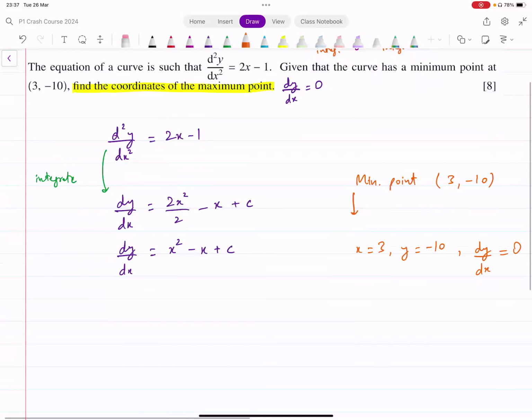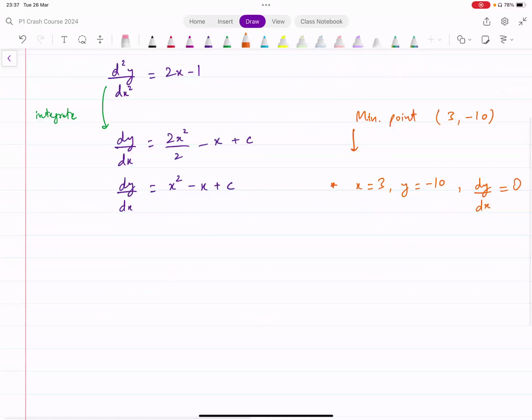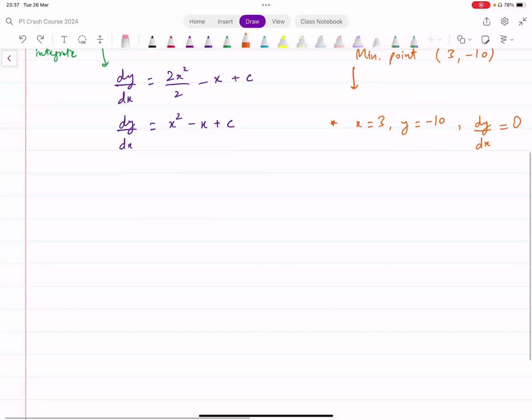So we basically know a point at which x equals 3, y equals -10, and dy over dx equals 0. So in order to find the value of c here, let's input x equals 3, because we know when x equals 3, since it's a minimum point, dy over dx is supposed to be 0. And that will help us find the value of c. So put dy over dx equal to 0.